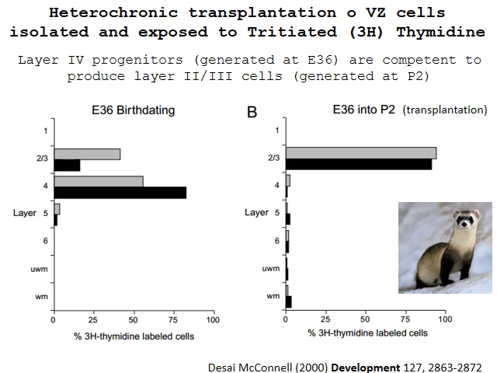But if you isolate these ventricular zone progenitors, expose them to tritiated thymidine to label them, and then transplant them into a P2 animal, an animal that is actively producing upper layer cells, you will obtain layer 2-3 cells. This means that the progenitors that were producing layer 4 neurons are competent to give rise to layer 2-3 cells.